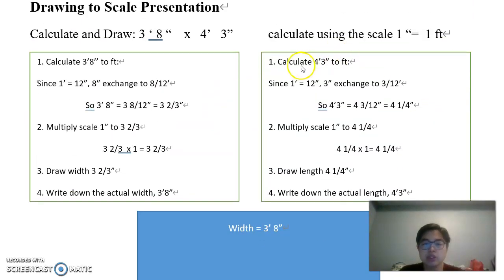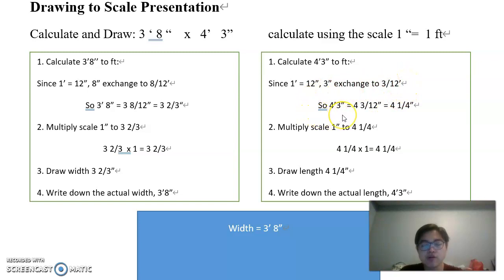And then we need to calculate another part, which is the length. First, we need to convert 4 feet 3 inches into feet. Since 1 foot is equal to 12 inches, we exchange 3 inches into 3 over 12 feet.